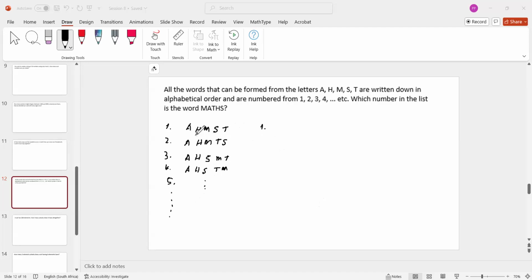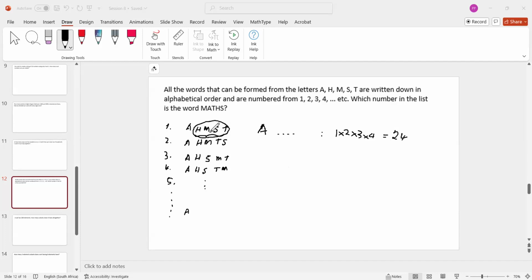It means that I have to see how many arrangements you've got with H, M, S, and T. If all of them start with A, then you look at all the possible arrangements with H, S, M, and T. So starting with A, there are the number of ways in which you can arrange 4 letters, as I told you earlier on, here's a good application, is 1 times 2 times 3 times 4, which is 24.